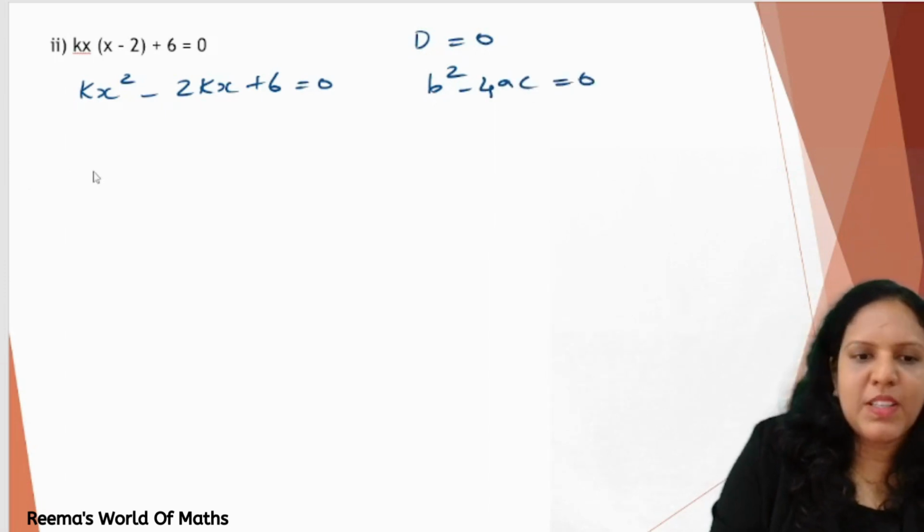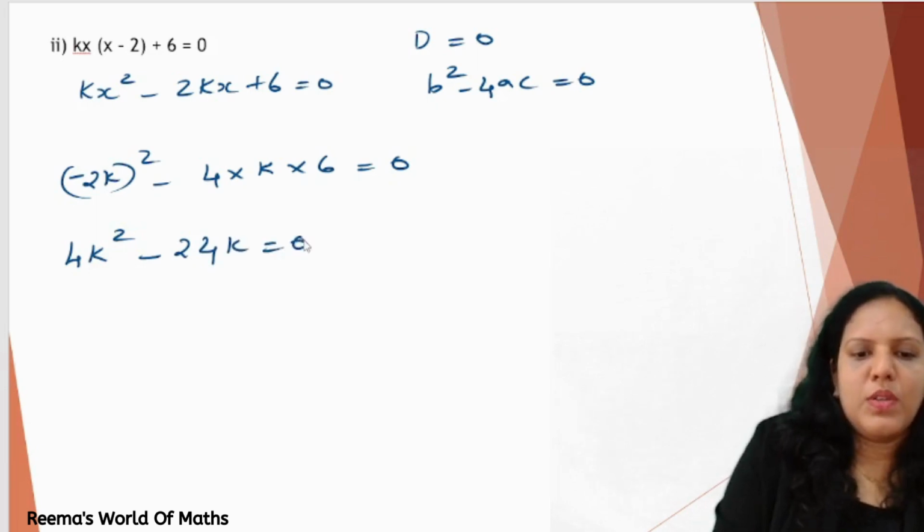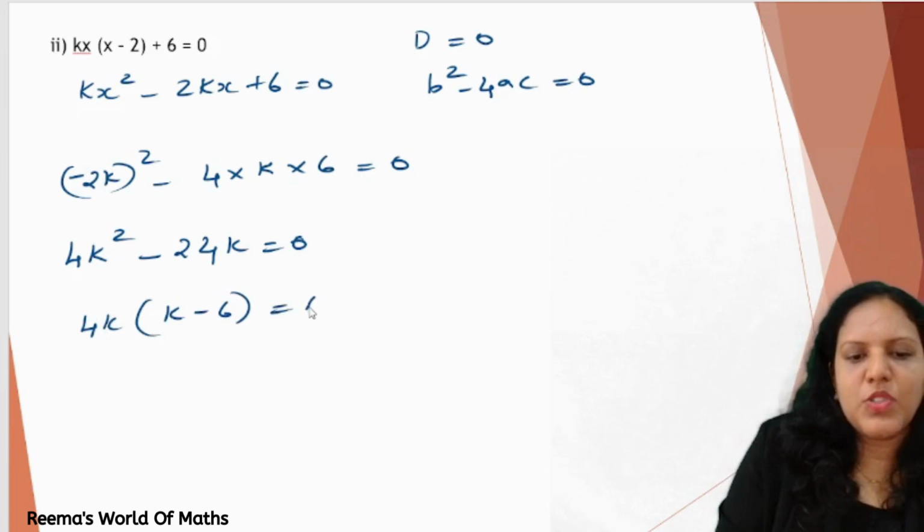Now let's replace the values: b is minus 2k, squared, minus 4 multiplied by k multiplied by 6 equals 0. Which is 4k squared minus 24k equals 0. Correct? We can write it as 4k multiplied by k minus 6 equals 0.